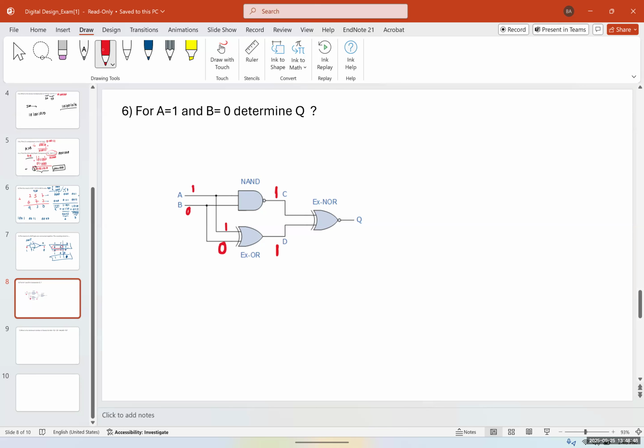So this is 0, I do my zeros like this. Sometimes it looks like 1, but it's a 0. So 1 XOR with 0 gives us 1. Now I have 1 and 1 in the input of the XNOR. So for an XNOR, if they are the same, what would the result be? 1. So Q is equal to 1.